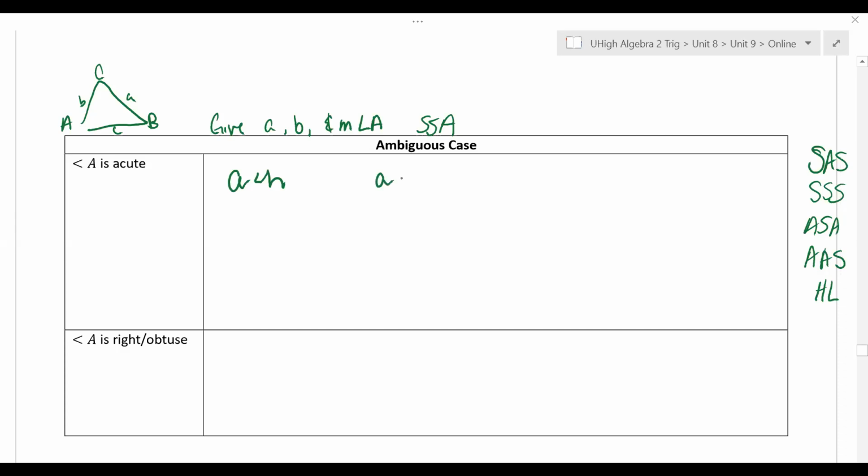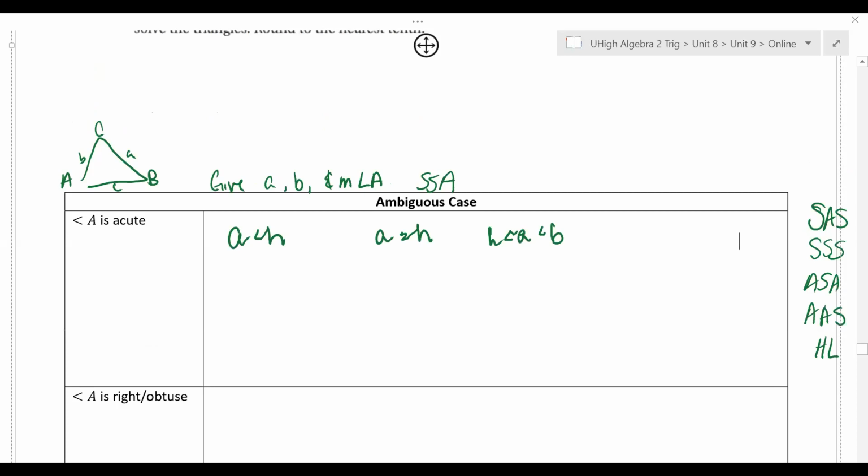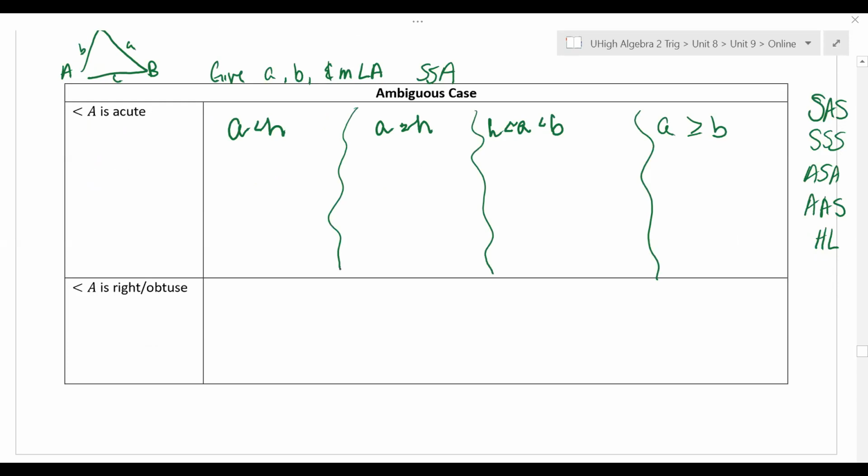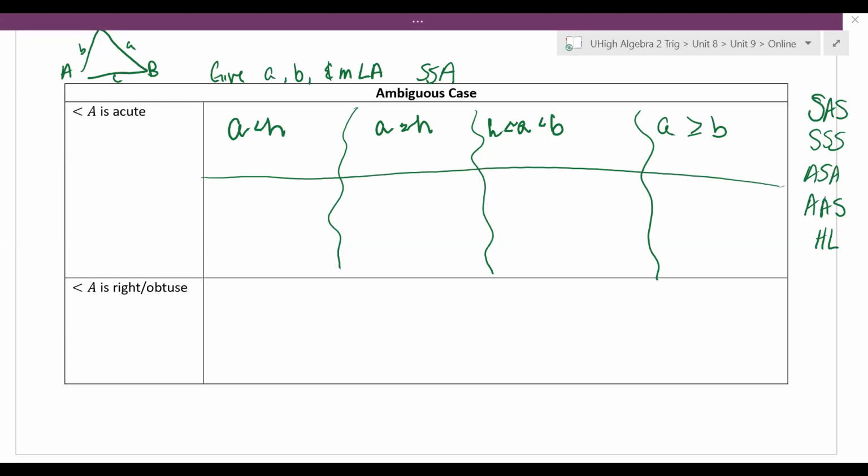a could be equal to h. a could be between h and b. Or a could be greater than or equal to b. So these are the four different cases that I could have when I'm looking at a triangle with an acute angle A. So let's take a look.